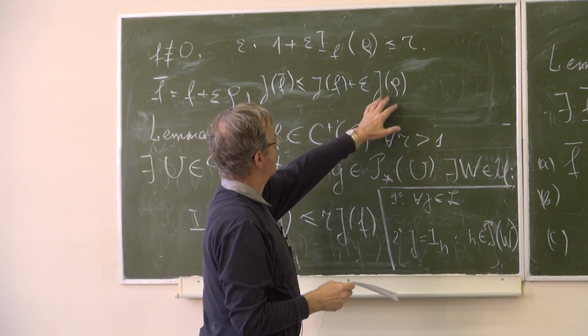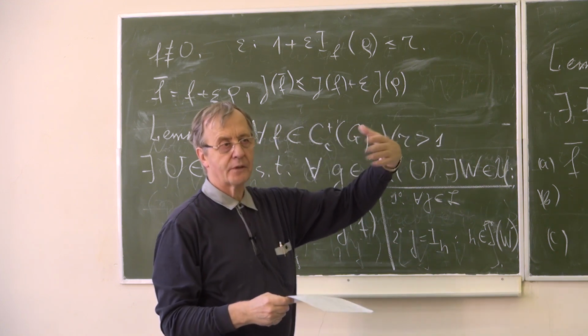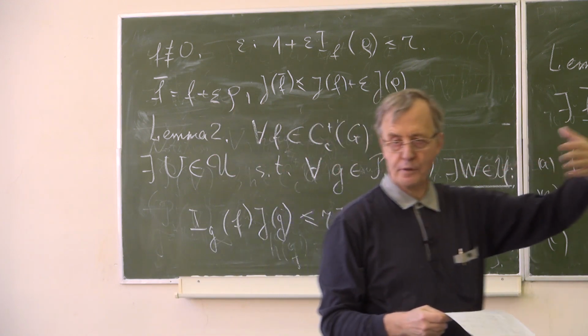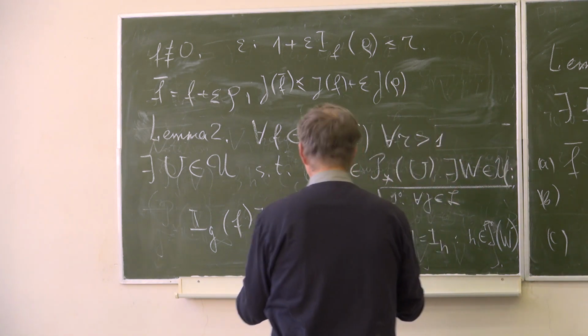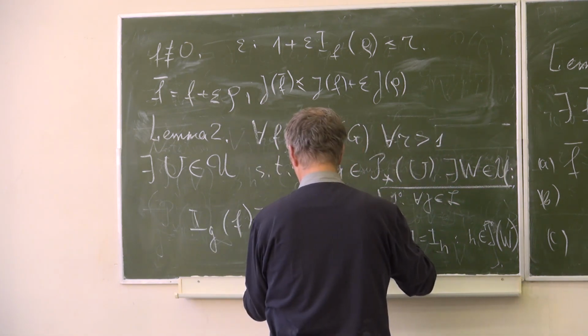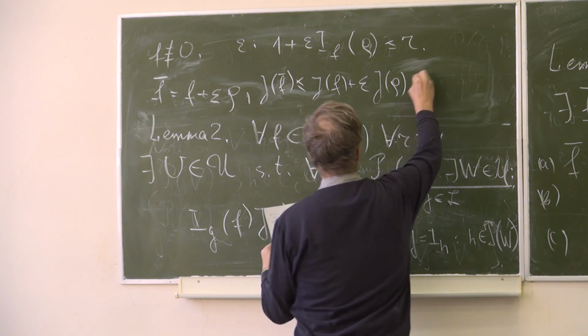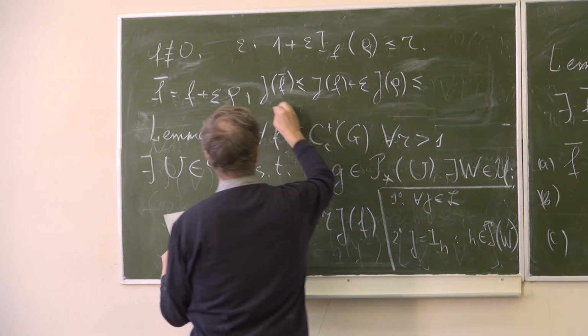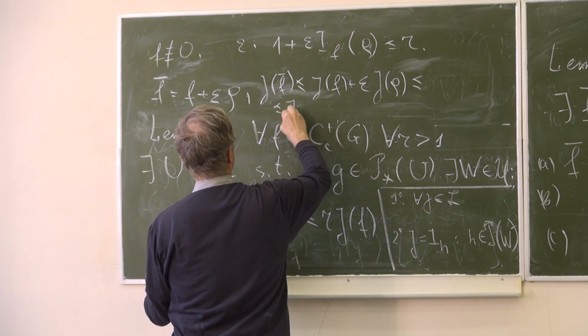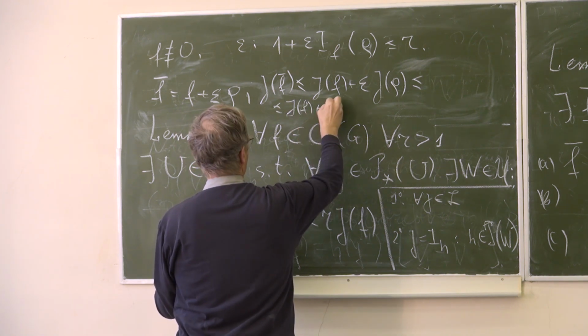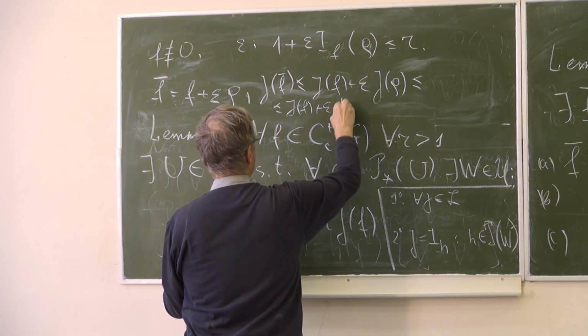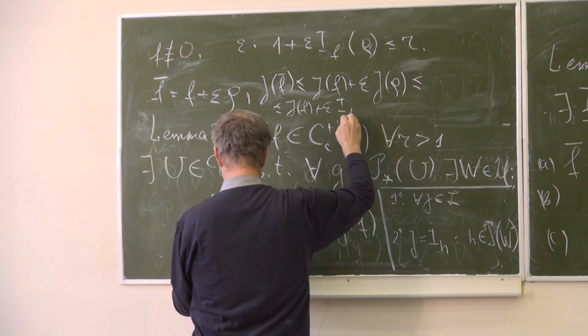For this j of rho, we use this fundamental estimate which we proved first. I don't write it out again, but simply know that this is dominated by g of f plus epsilon, g of rho.